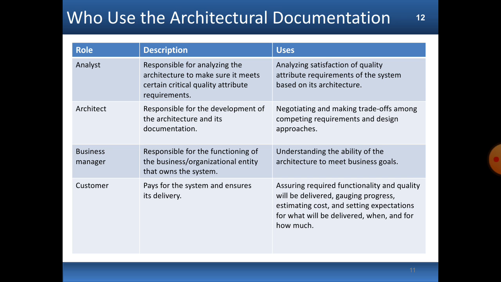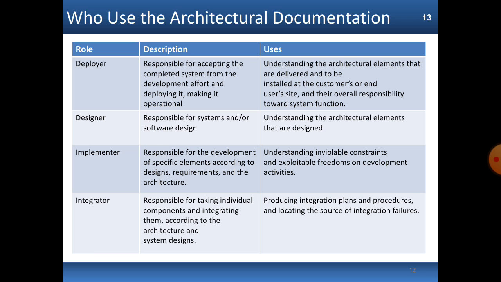So students, now who uses the architectural documentation? There are different roles in our software process industry. These roles range from analyst, architect, business managers, customers, deployer, developer, designer, implementer, and the integrator.